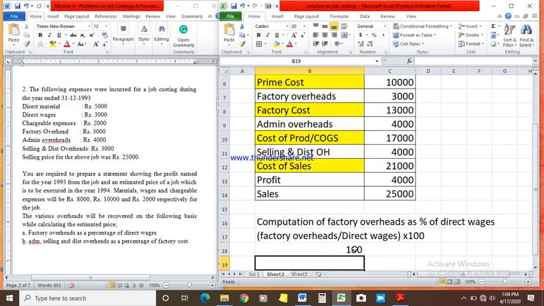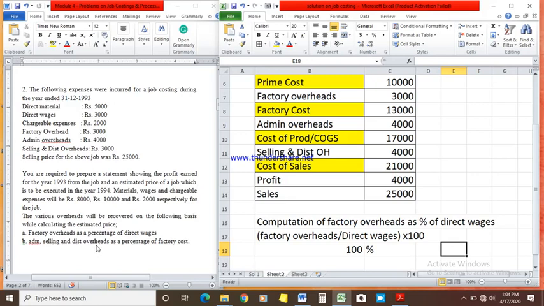So I get here 100%. So while calculating for the year 1994, while calculating factory overhead, we should calculate 100% of direct wages.